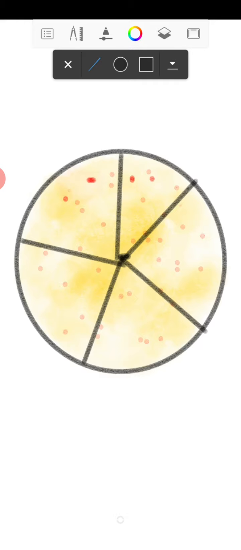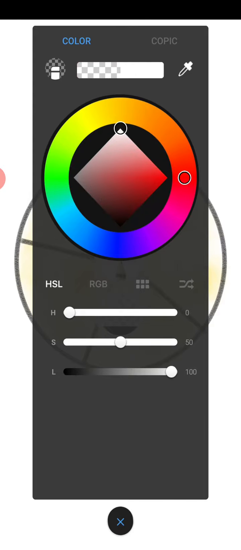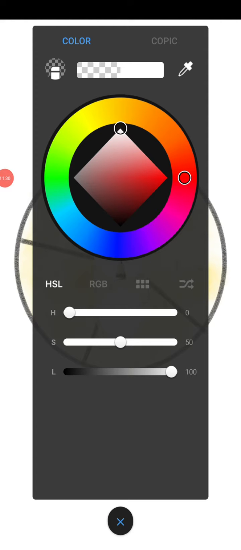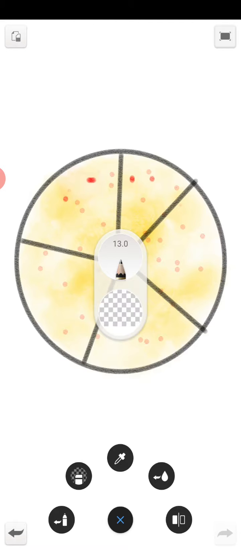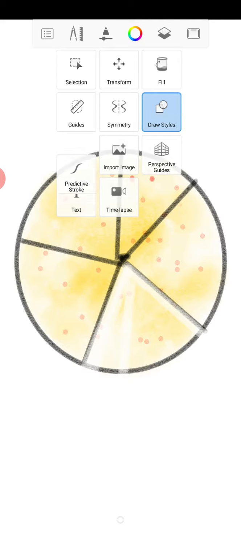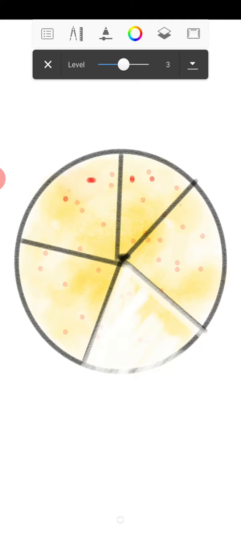So in this case, let's suppose we take one piece of pizza and eat it. Let's say we have consumed this piece of the pizza.